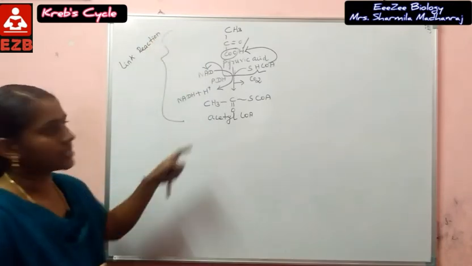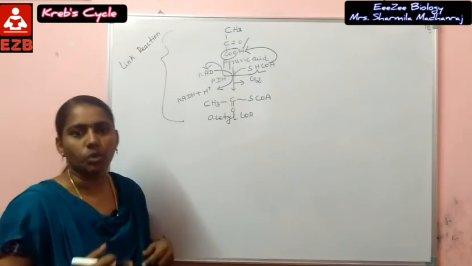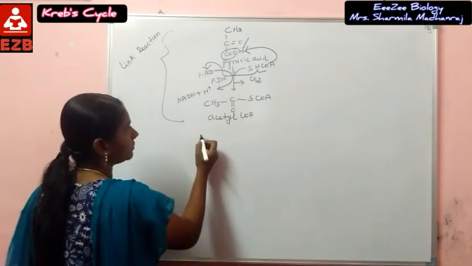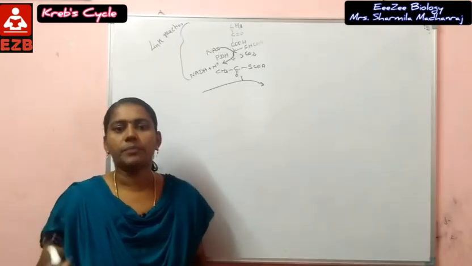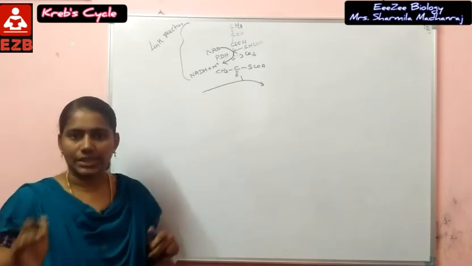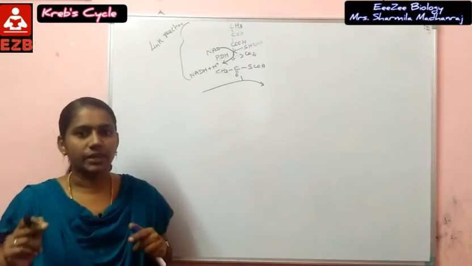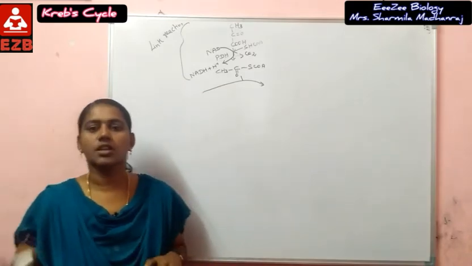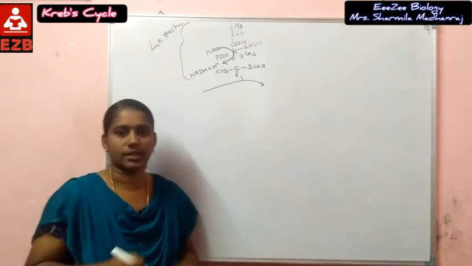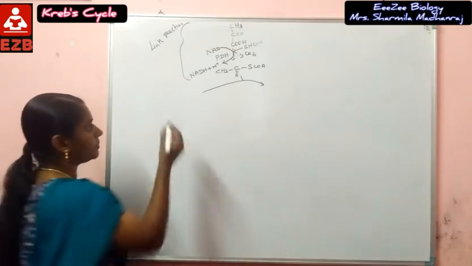Now that acetyl-CoA enters into the TCA cycle. Acetyl-CoA reacts with oxaloacetic acid with the help of the citrate synthase enzyme. Here a condensation process takes place with the product citric acid. First, oxaloacetic acid.